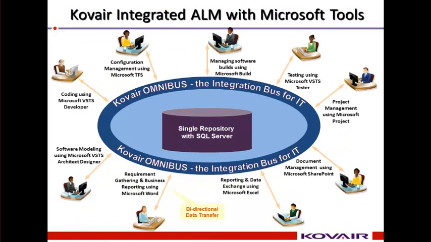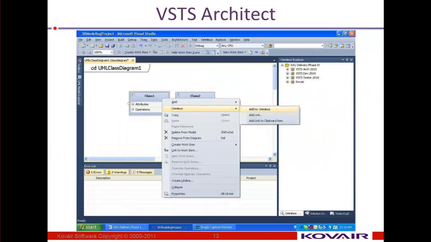Now here are the Microsoft tools which are integrated with Omnibus, and we support VSTS 2005, 2008, 2010, so all the versions up to 2010, the latest one. And for the users of, let's say, VSTS Architect, these are some of the screenshots we have created.